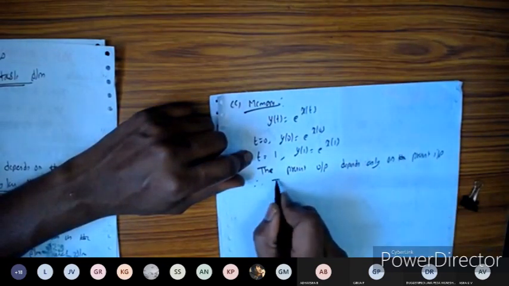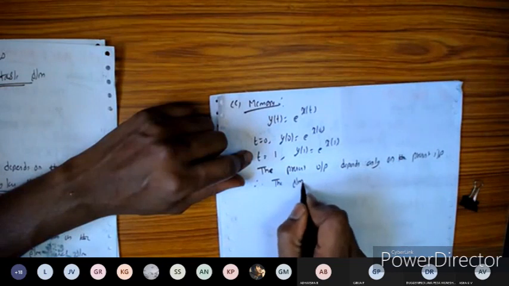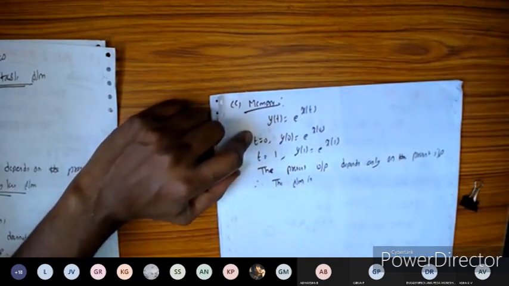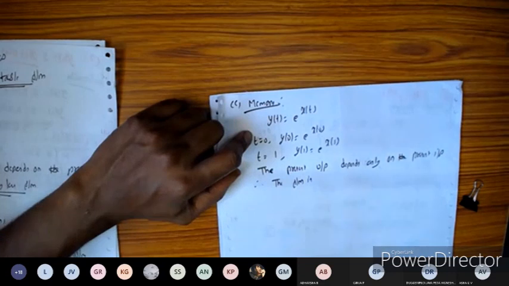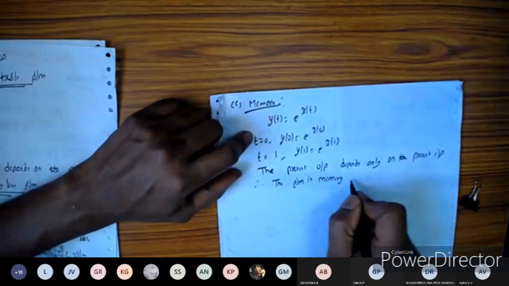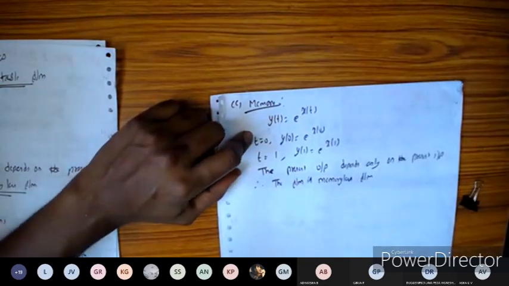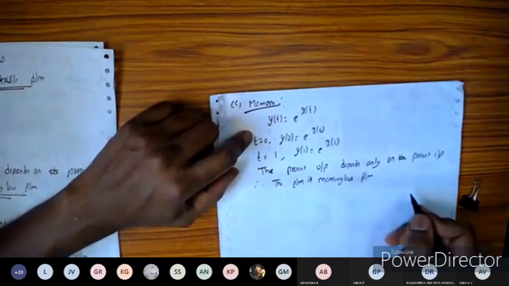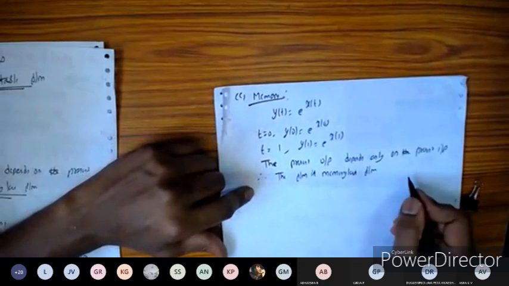Therefore, the system is a memoryless system.